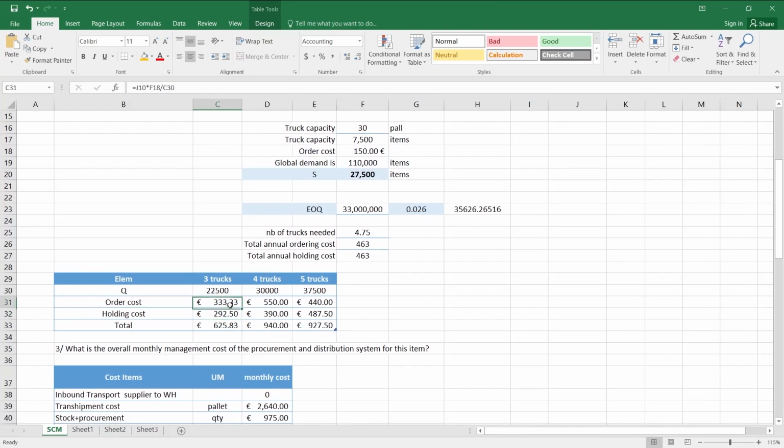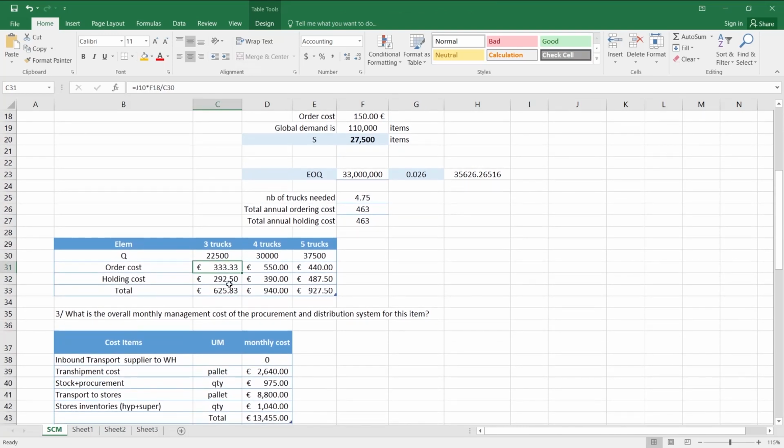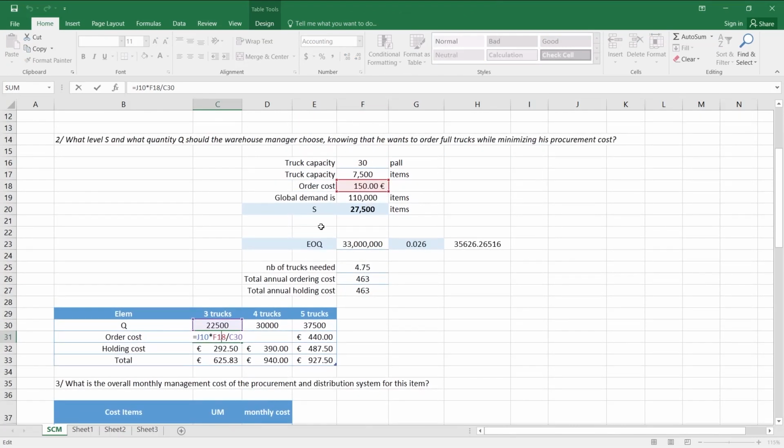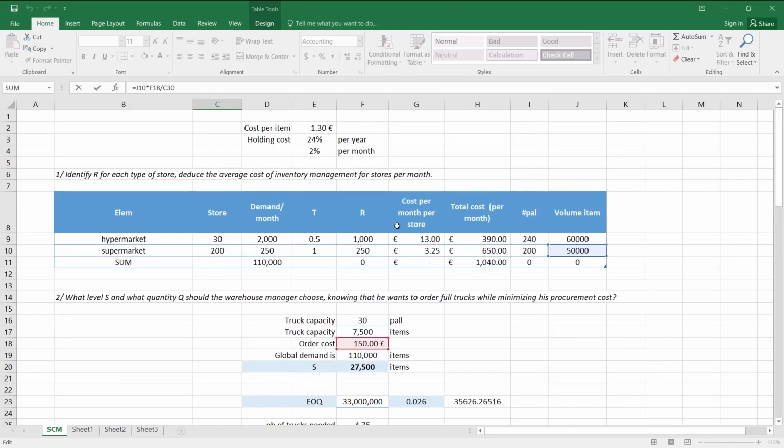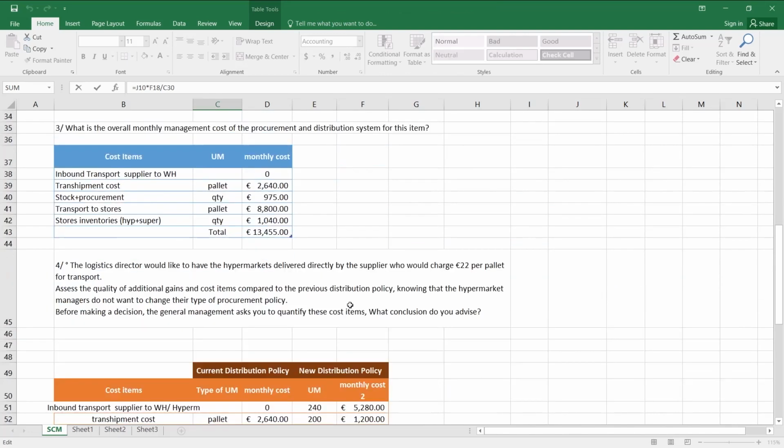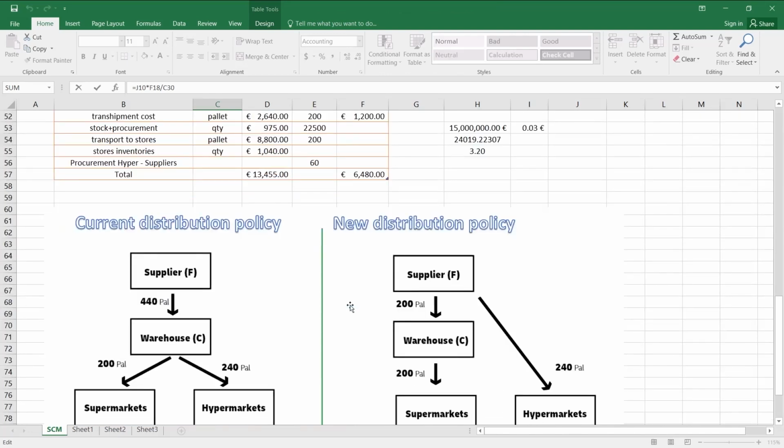And the only difference here is that for the calculations we have inserted not the global demand of 110,000 items, but the 50,000 items that are related to the supermarkets, because we are basically going to keep only the supermarkets transiting via the warehouse.